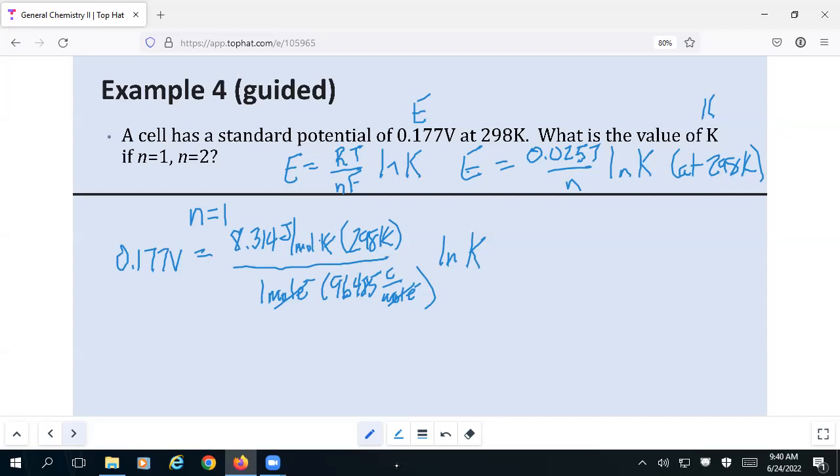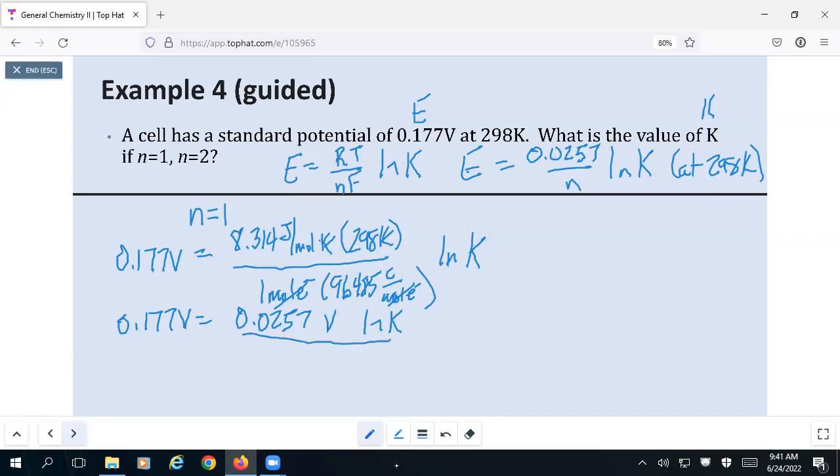So anyway, I do the calculation, 8.314 times 298 divided by 96,485. I get 0.177 volts is equal to 0.0257 volts times the natural log of K. Again, the volts here coming from joules divided by coulombs, that is by definition a volt.